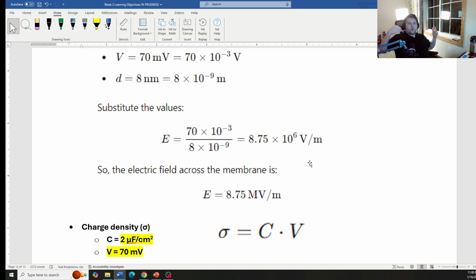That's the way that I recall the order of these things. So from volts, we go up to kilovolts and then megavolts, in stages of 3. So we get 8.75 megavolts per meter. That is our measurement of our electrical field across the membrane.